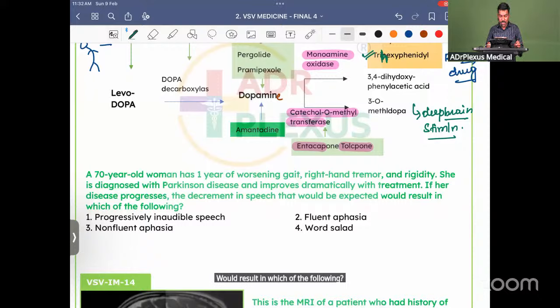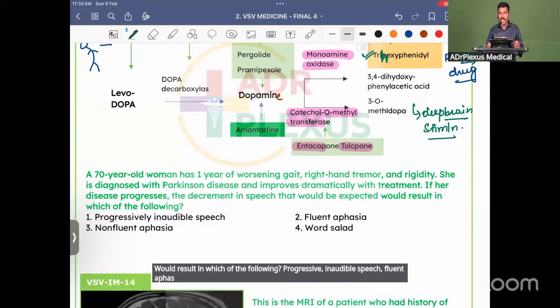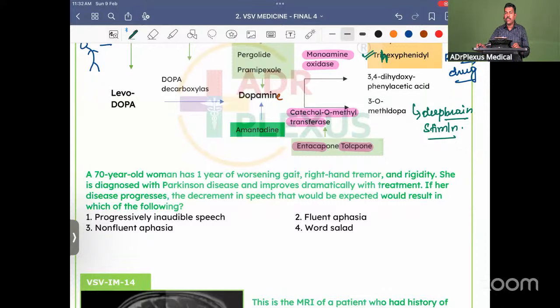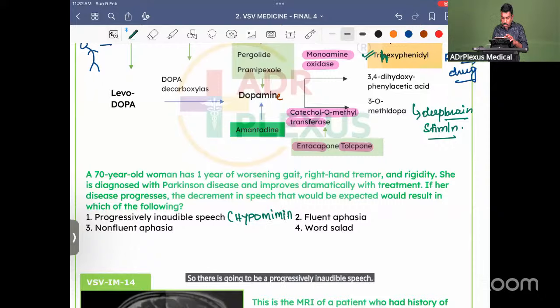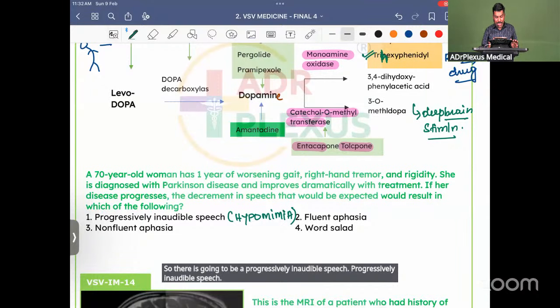Progressive inaudible speech, fluent aphasia, non-fluent aphasia, word salad. Yes, very good. The patient is going to develop hypomimia. So there is going to be progressively inaudible speech. That is going to be the answer.